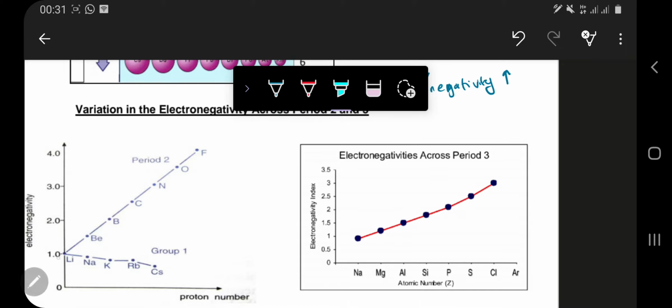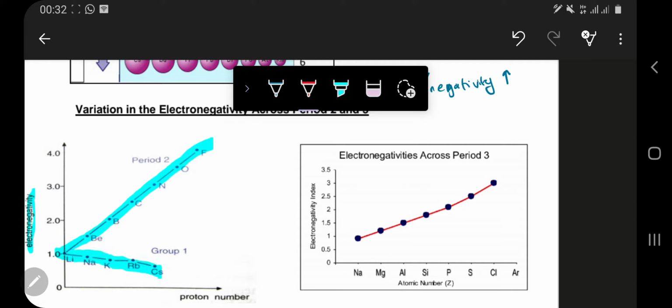Okay, so across a period we can see that the value of electronegativity increases from lithium, beryllium, boron, carbon, nitrogen, oxygen and fluorine. But when we go down group 1, from lithium, sodium, potassium, rubidium and cesium, we can see that electronegativity decreases.